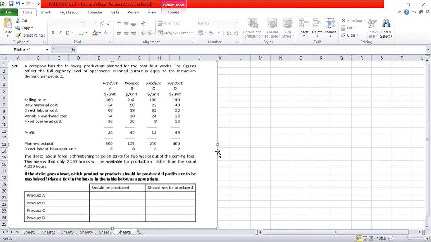Then fixed overhead cost is also there. After that, the profit, planned output, direct labor hours per unit. Then it says that the direct labor force is threatening to go on strike for 2 weeks out of the coming 4. This means that only 2,160 hours will be available for production.